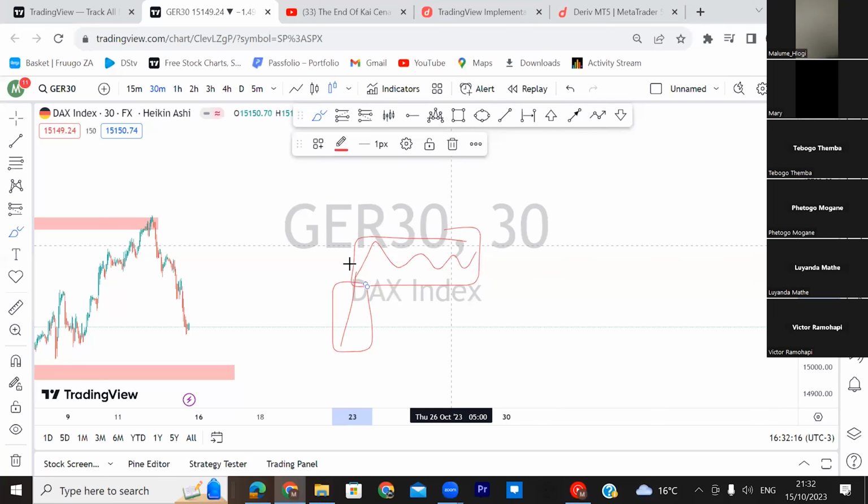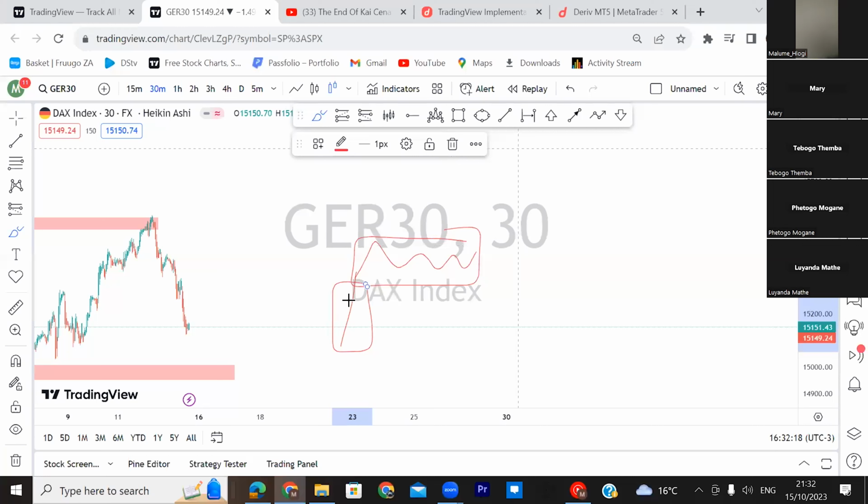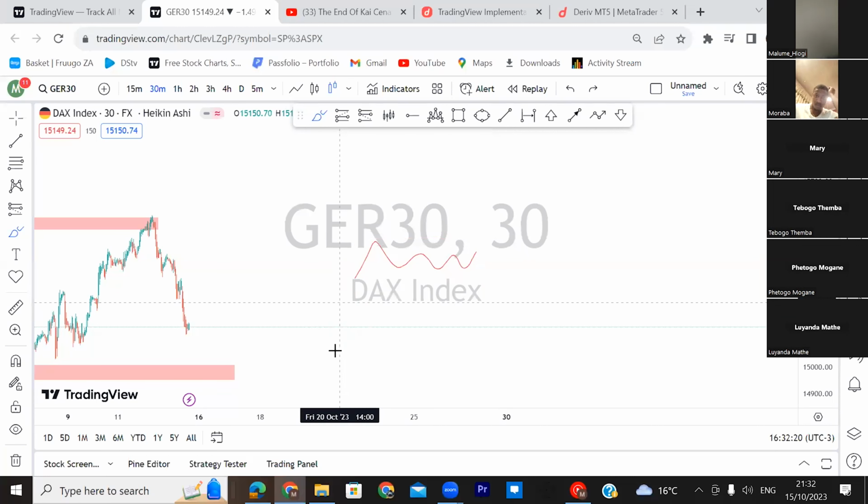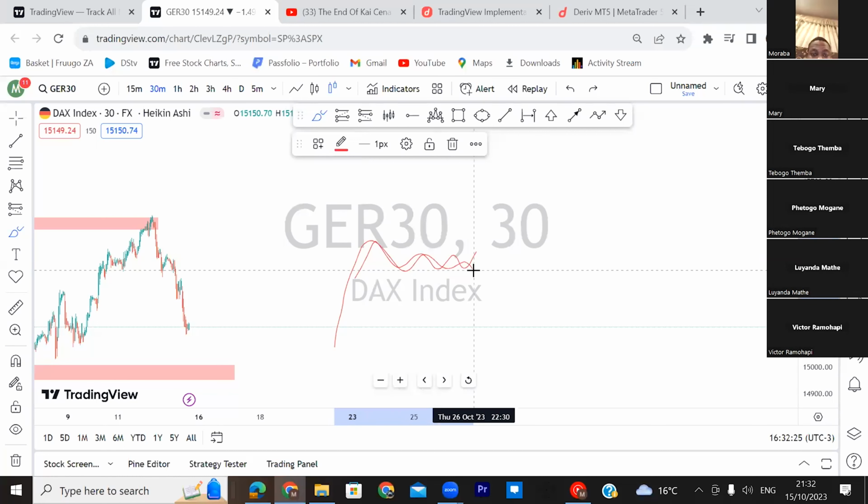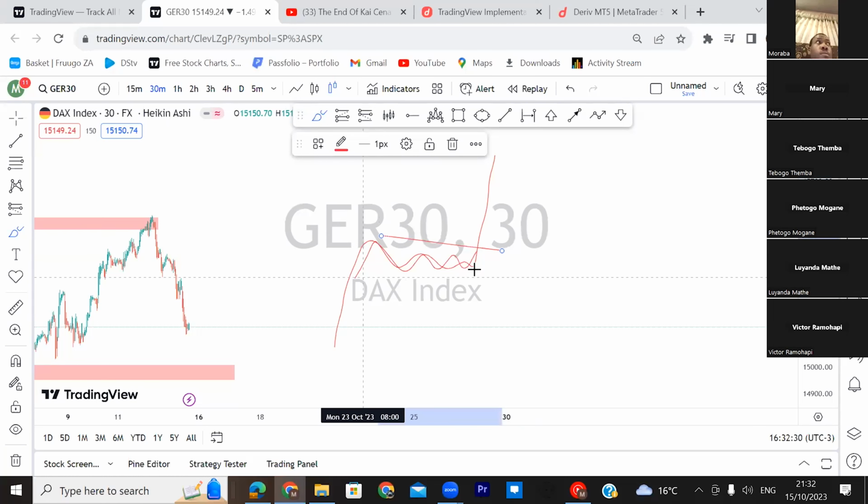In this case, this would be a continuation correction from an impulse. And then you have your correction, and then it continues going within that direction. So that's the first kind of correction, very common.